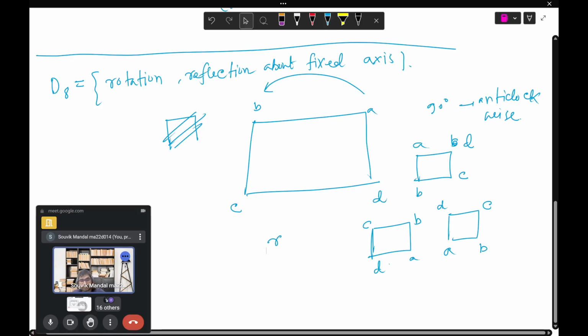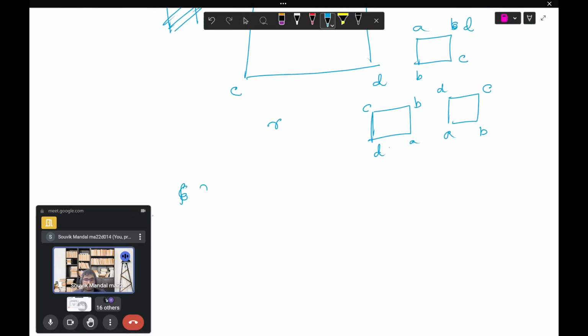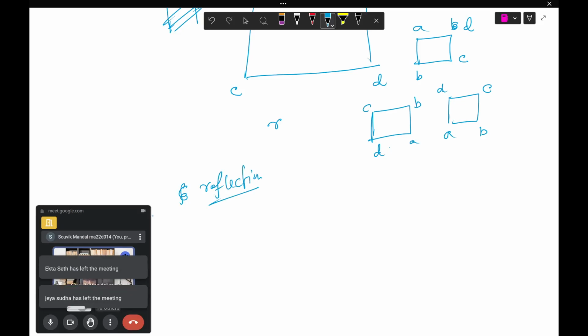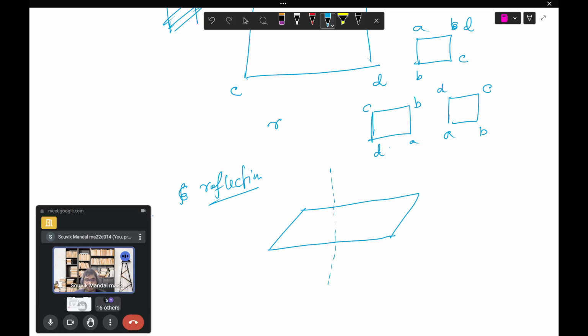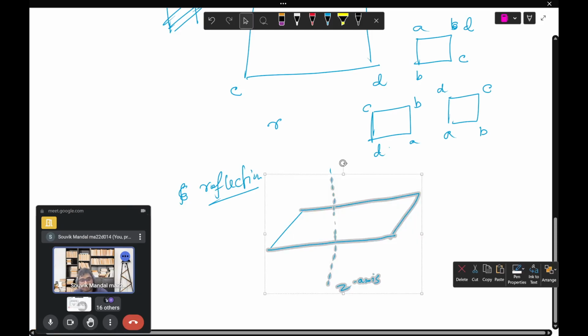And another is reflection. Reflection comes as follows. Take this unit square and keep it on a horizontal surface.